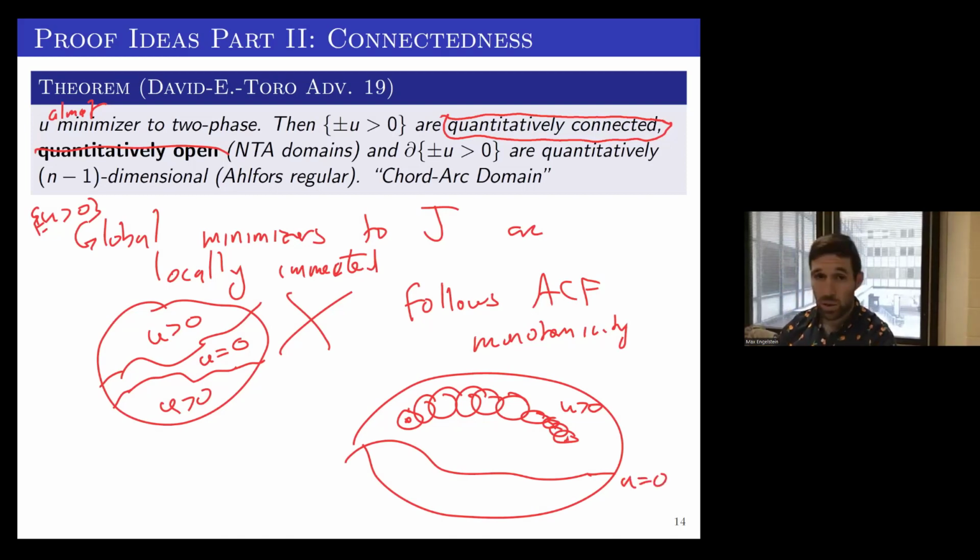And if you contradict that, then you'll get a sequence of almost minimizers, which will converge to a globally defined minimizer, which has non-locally connected positive or negative sets. This is what gives you the Harnack chain. So I don't know. Hopefully these schematics of the proofs are somewhat interesting and not just completely mad ramblings.